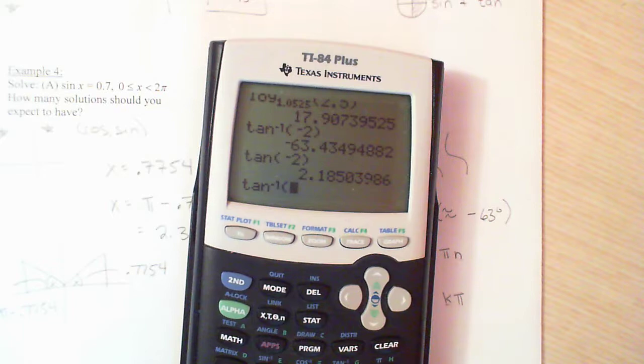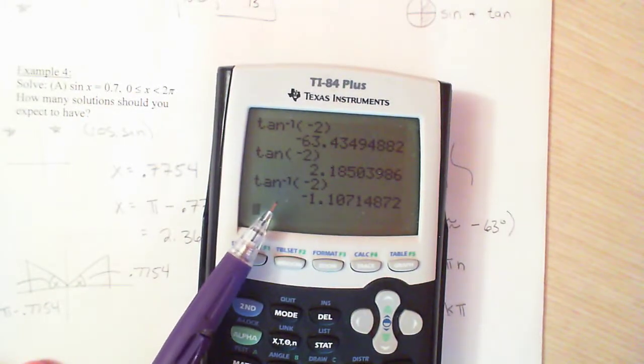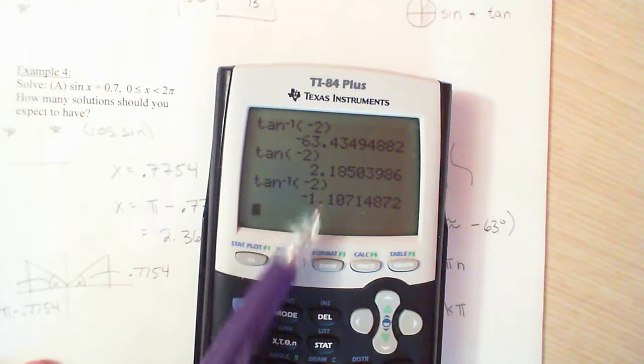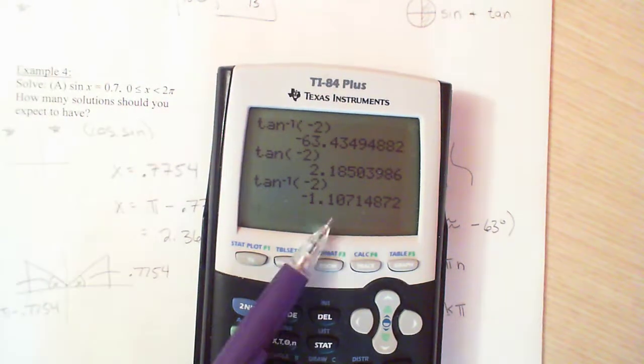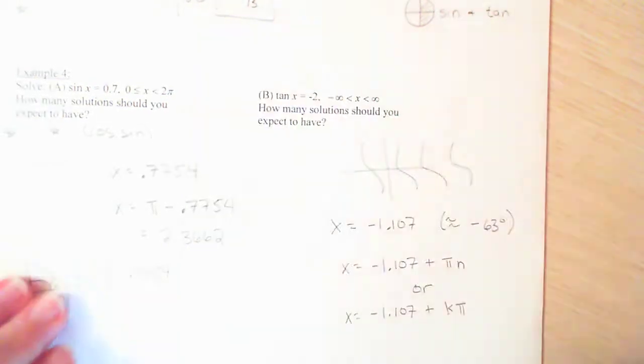Tan inverse, negative 2. There we go. Oh, I didn't do inverse the first time. I just did tan. So don't make that mistake. So tan inverse of negative 2. There's my radian answer. Calculus, we always want to be in radians. All right, so that is your very quick trig review.